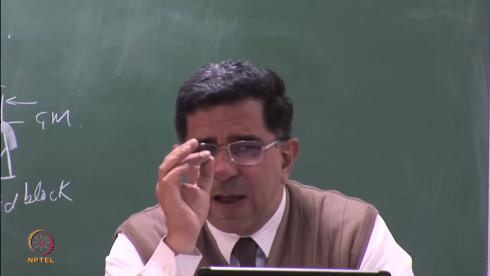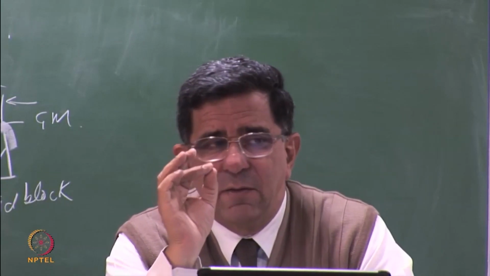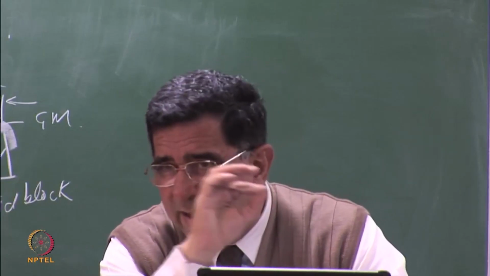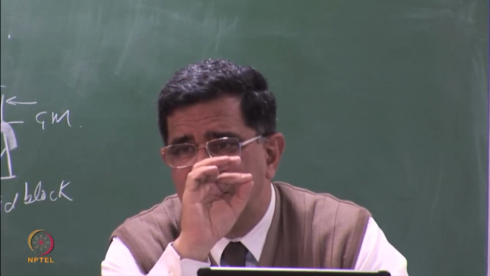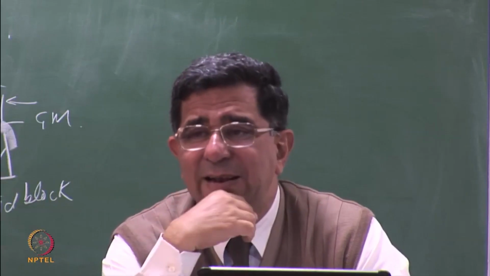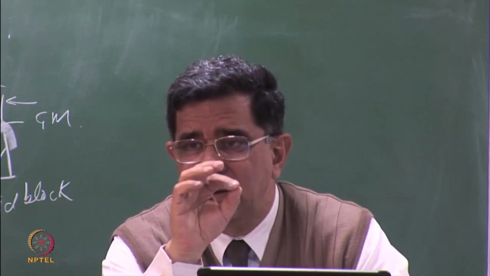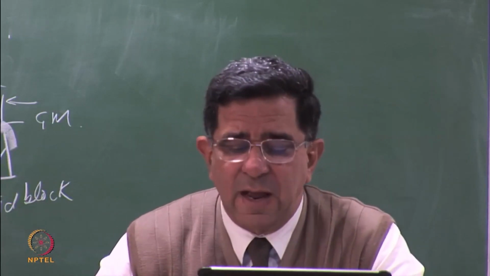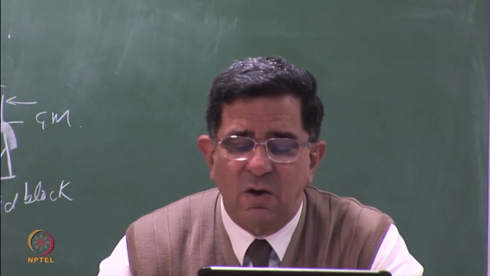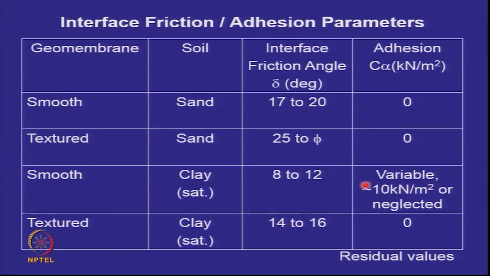But if you look at it very microscopically, if you have clay and the clay surface is totally saturated, then adhesion is likely to be negligible. So sometimes in design we will neglect it, or you have to be very sure that this will be always operative.